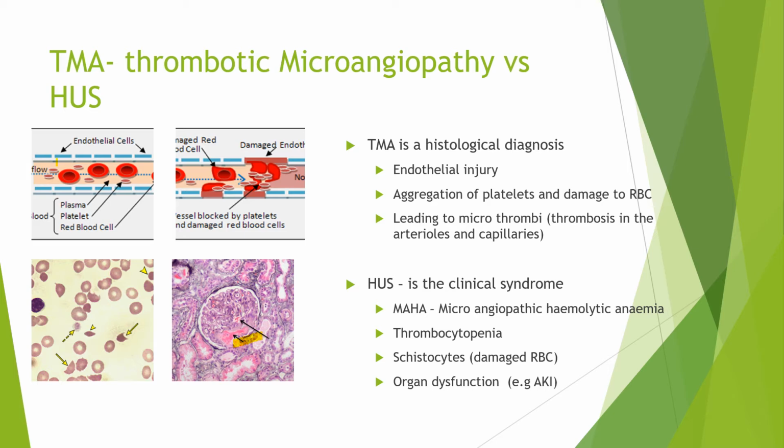While TMA is a histological diagnosis, HUS, or hemolytic uremic syndrome, is a clinical syndrome which signifies microangiopathic hemolytic anemia, thrombocytopenia, schistocytes or the damaged RBCs, and organ dysfunction, for example, acute kidney injury.